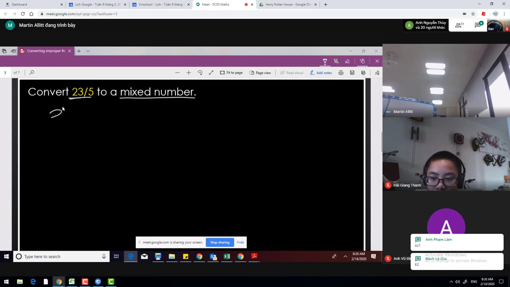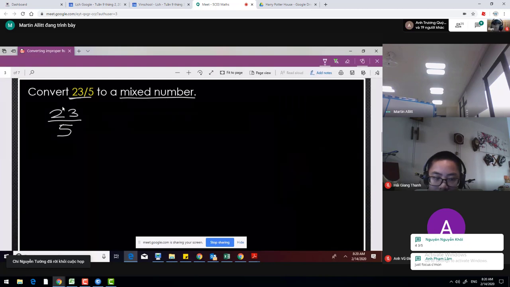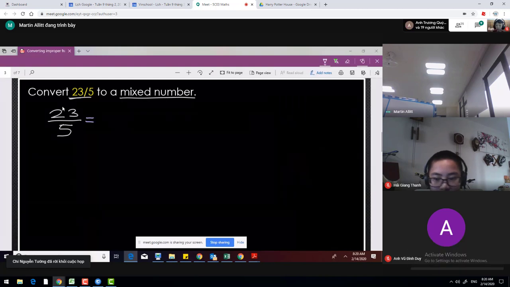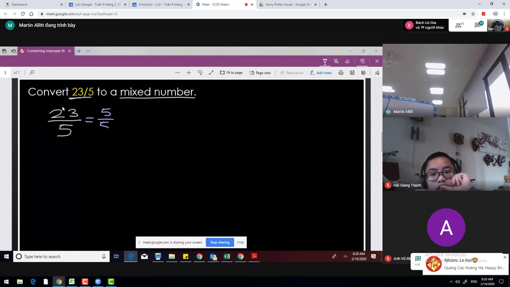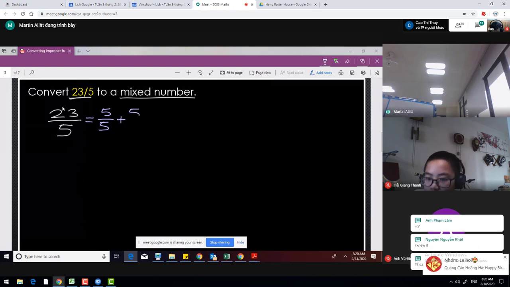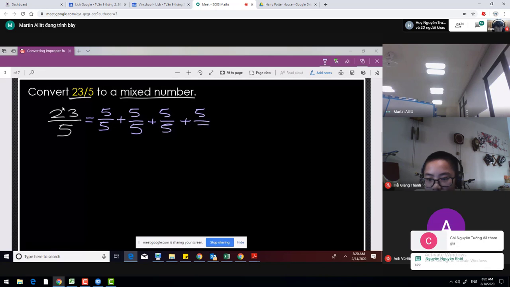So we've got 23 fifths. Now, I can look at this like this. I can say, okay, well, it's 5 fifths plus 5 fifths, that's 10 fifths, add 5 fifths, that's 15 fifths, add 5 fifths.